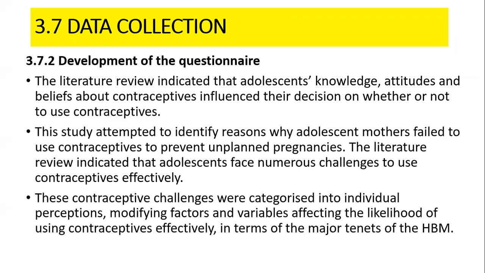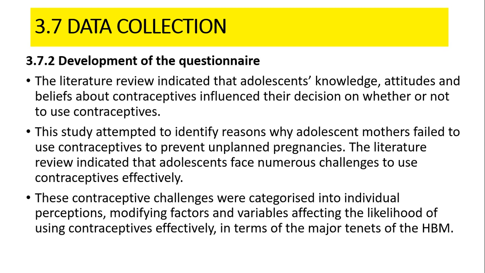Okay, then 2.72: the researcher used a questionnaire, so you have to give some information on how you developed the questionnaire. This is very important. The literature review indicates that adolescents' knowledge, attitudes, and beliefs about contraceptives influence their decisions on whether or not to use contraceptives, right?